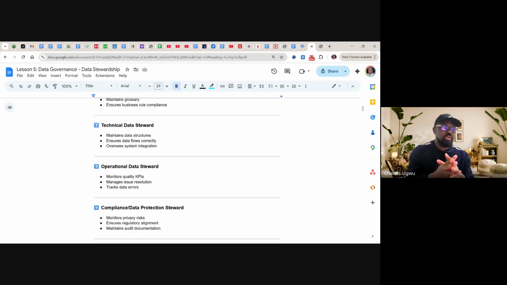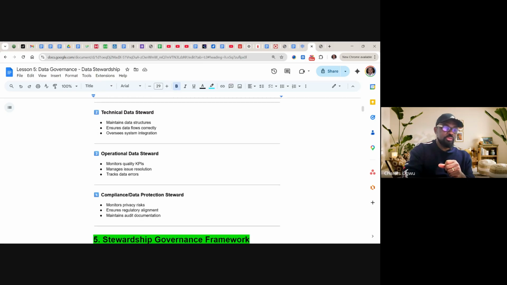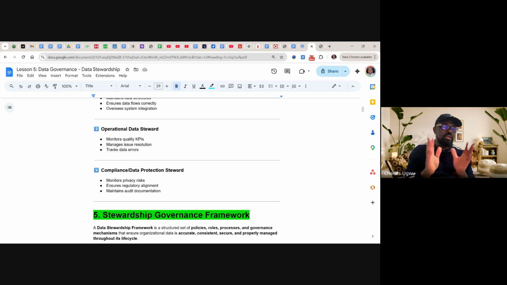That's your operational steward. And then compliance, through the data protection steward. Here is a steward that monitors the privacy risk. When we are creating a framework about every data and the risk associated with it, we decide their level of risk, their level of privacy. You remember when we dealt with metadata.